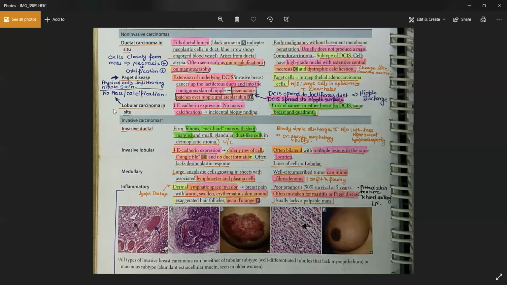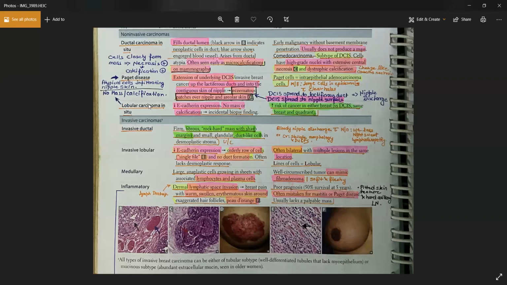These patients have an increased risk of cancer in either breast, whereas DCIS will always involve the same breast, same quadrant, the upper lateral quadrant. But in lobular carcinoma in situ, both breasts could be involved.